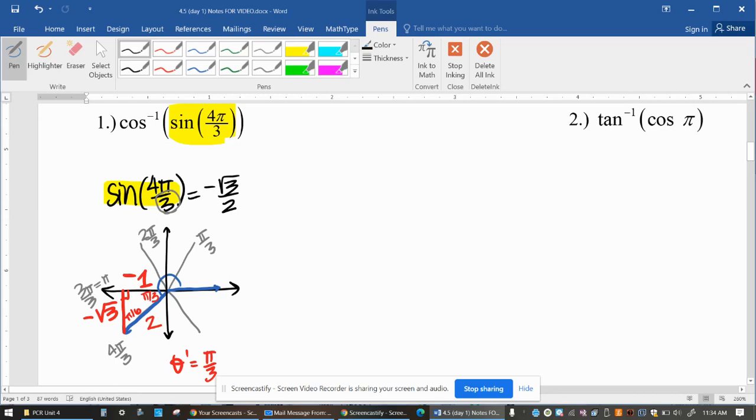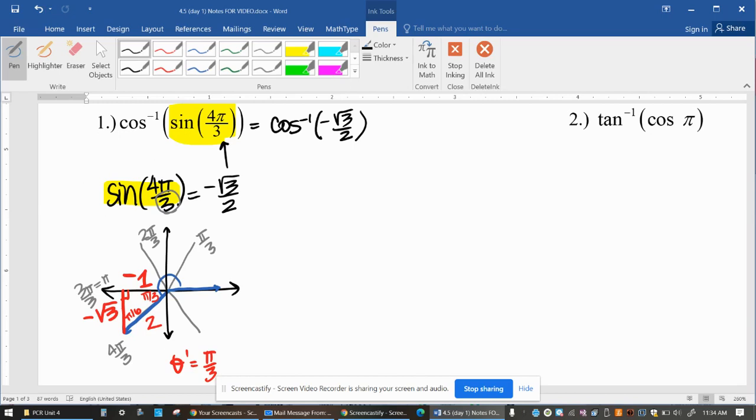So now I'm going to go back and pretty much put that into the original problem. Okay, so now we're slowly evaluating this. Now it's cosine inverse of negative root 3 over 2. I just realized I might have said that wrong previously.